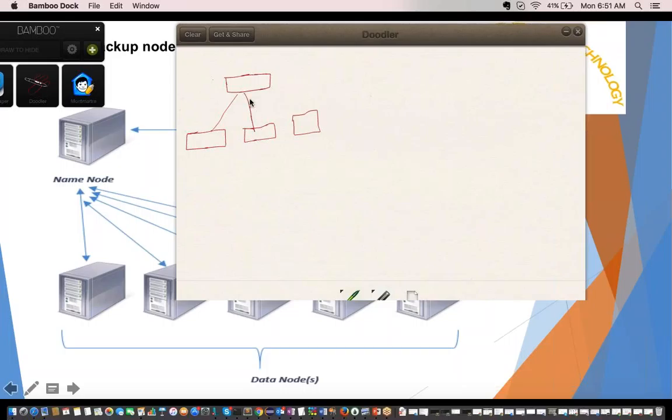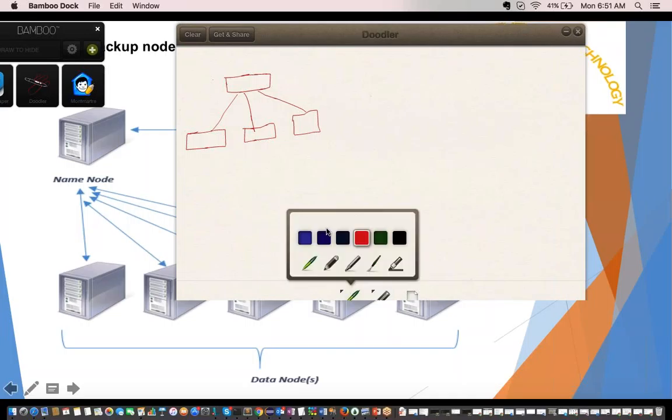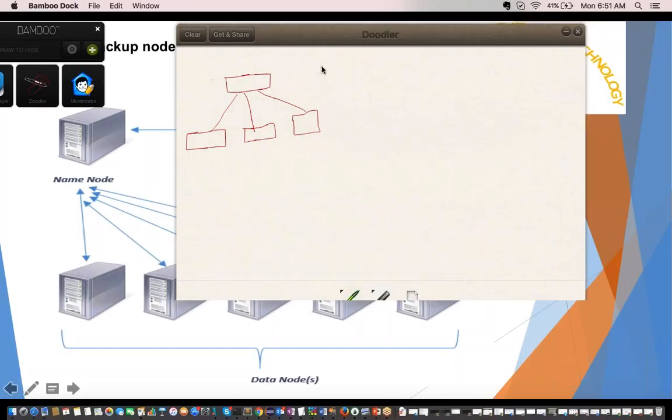Name node, data node, this is the backup node. Even here, using the backup node, we are avoiding losing the data.